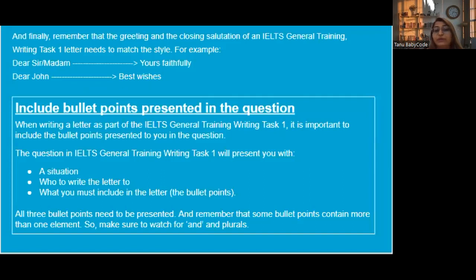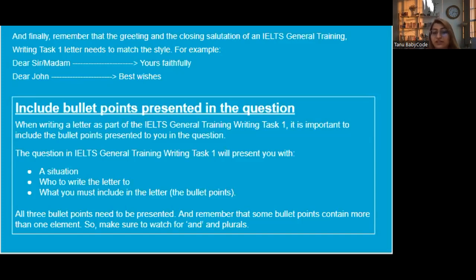Next, finally, remember the greeting and closing of a General Training module. That means writing task one letter needs to match the style. For example, when you're starting Dear Sir or Madam, it has to end with Yours faithfully. When you're writing Dear John, then it has to end with Best wishes, Warm regards. So include the bullet points presented in the question.